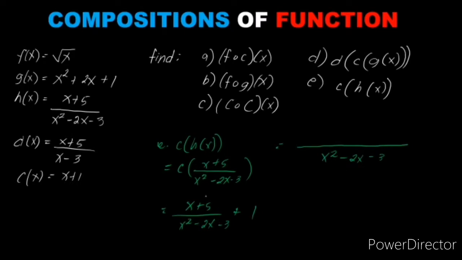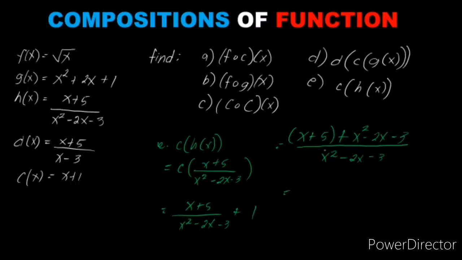So, pag minultiply natin yung 1 kay x plus 5, that's simply x plus 5. And then, plus, kasi i-add natin yung 1, x squared minus 2x minus 3 divided by 1, kasi 1 yung denominator ni 1, dahil wala naman nakalagay, so that's automatically 1, is simply x squared minus 2x minus 3. And then x squared minus 2x minus 3 times 1 is x squared minus 2x minus 3.